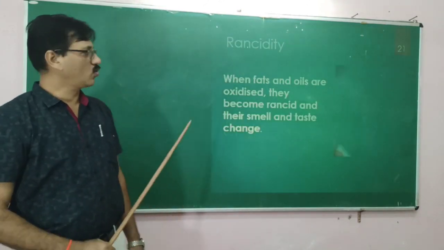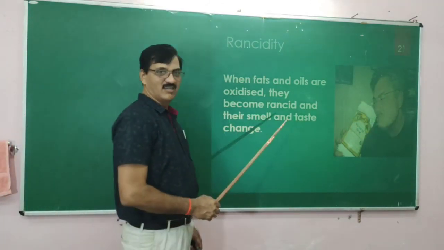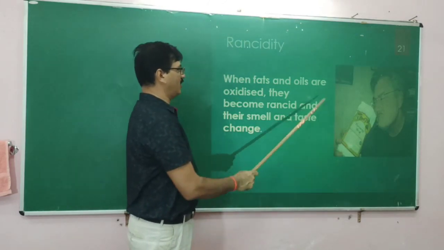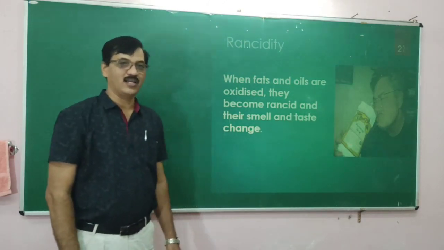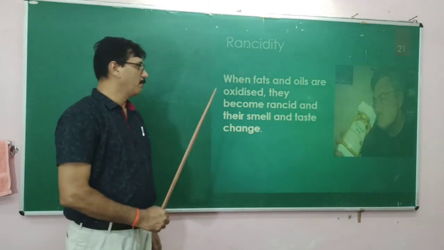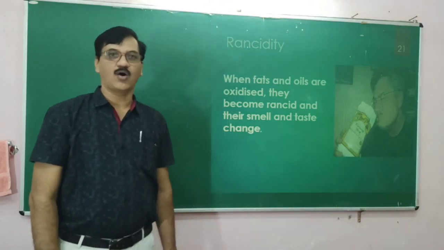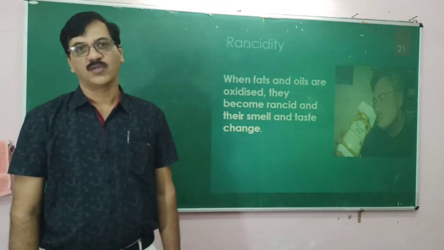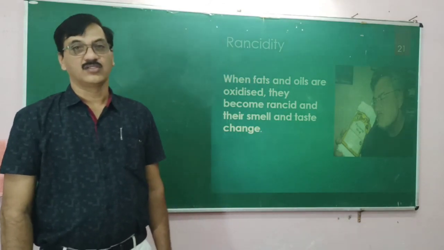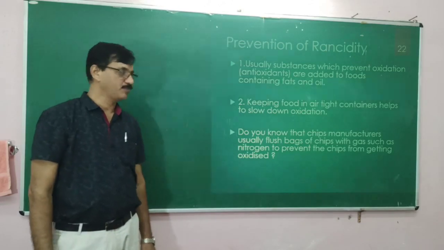Right? There is one more called rancidity. Rancidity is the spoilage of oil or oily products. When fat and oil are oxidized, they give bad smell and taste, and we call the oil rancid. Oil has attained rancidity. This rancidity is because of the atmospheric air.